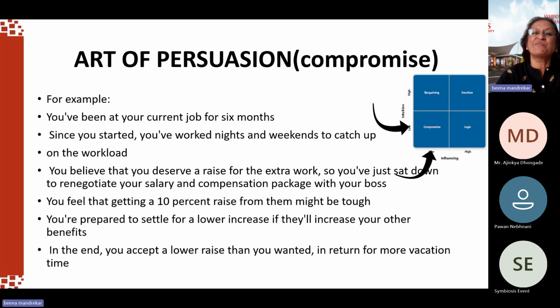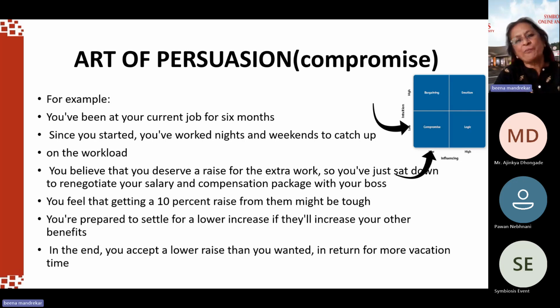You haven't even asked, but you're feeling that getting a 10% raise from your boss will be tough. If you get 100 rupees as salary, 110 rupees is also too much for the company to give you. So you first compromise and you say, I'm prepared to settle for a lower increase if they will increase my benefits.